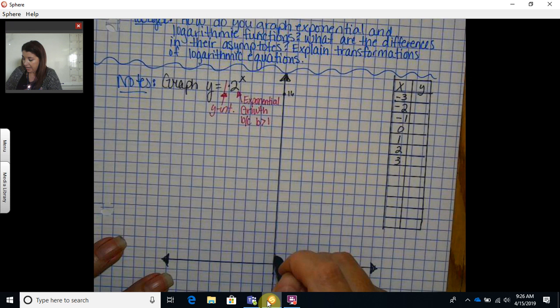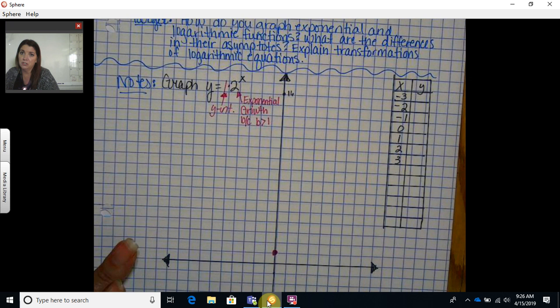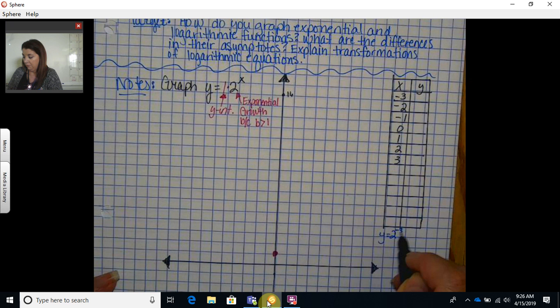We know from left to right, as x increases, the y's are going to increase, but we need to find some other ordered pairs. So we have the general idea of what it's going to look like, right? But let's find some other ordered pairs. So if x is negative 3, that would be y equals 2 raised to the negative 3. Anybody know what that's going to be?